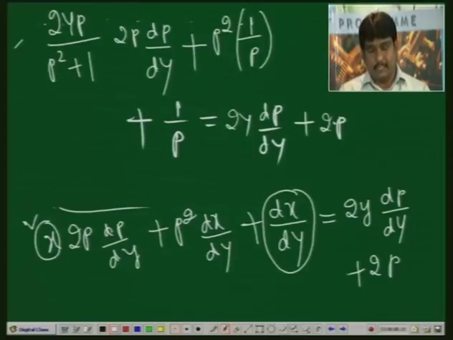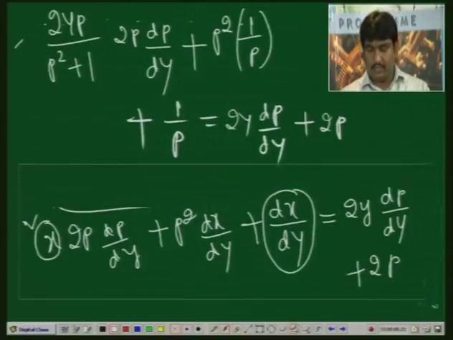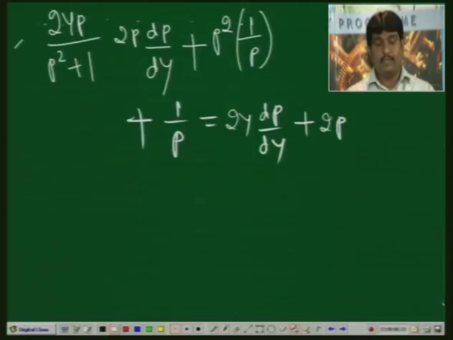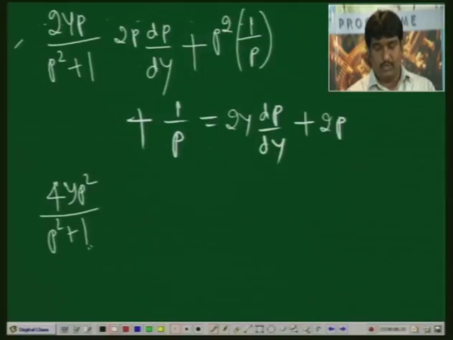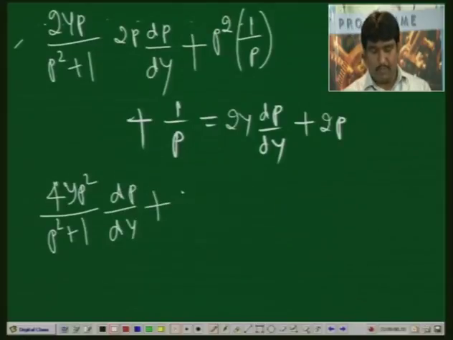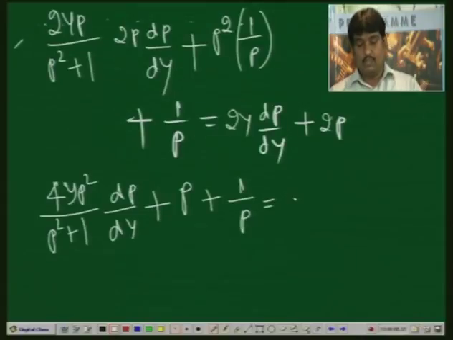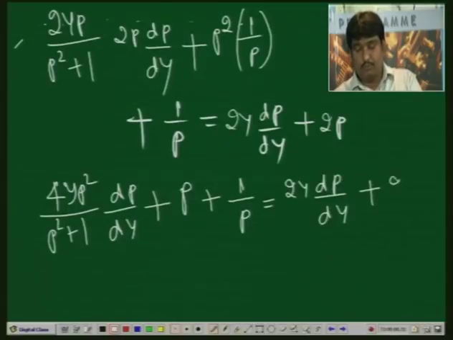Now, simplify this. We need a factor involving dp by dy. First term is 4y into p square divided by p square plus 1 into dp by dy. Second term, p square into 1 by p is p, plus 1 by p as it is, and this equals 2y into dp by dy plus 2p.